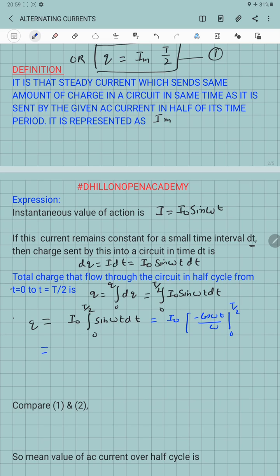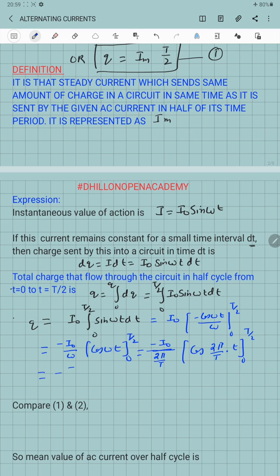It will be equal to minus I naught over omega into cos of omega t, from 0 to T by 2. We know that omega is equal to 2 pi by T. So it will be minus I naught over 2 pi over T into cos of 2 pi by T into t, limits 0 to T by 2.